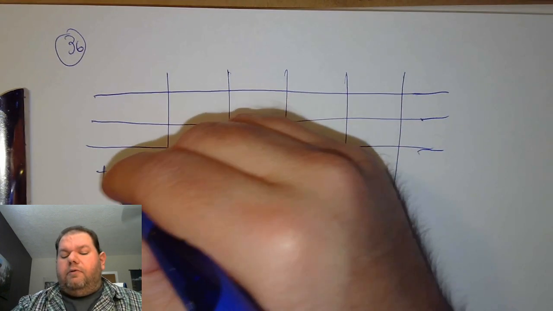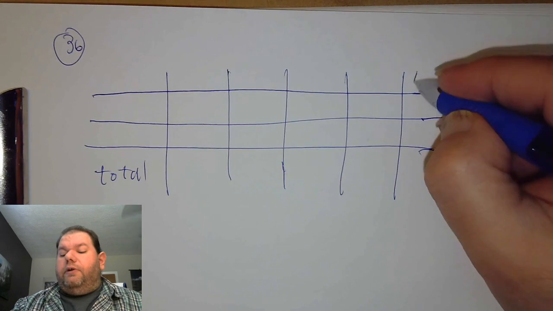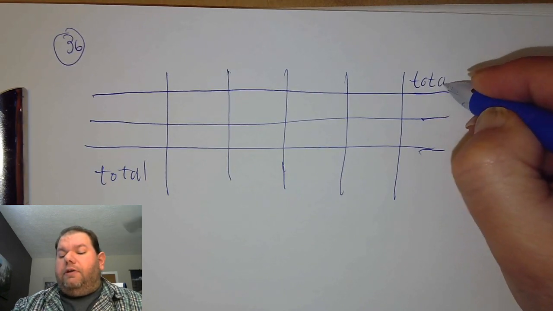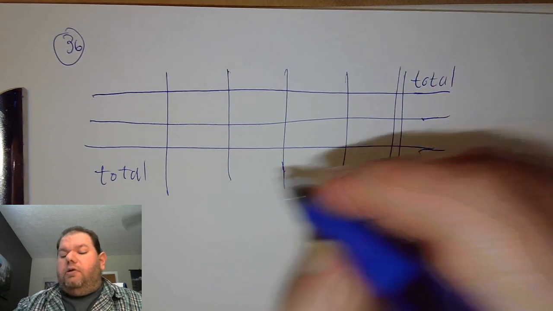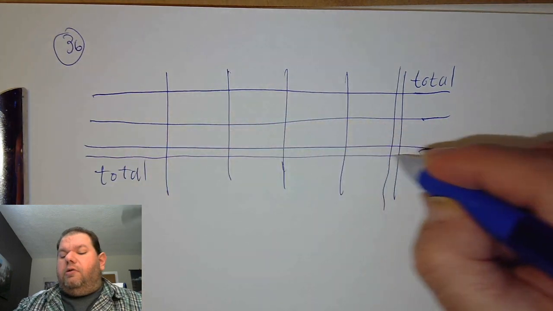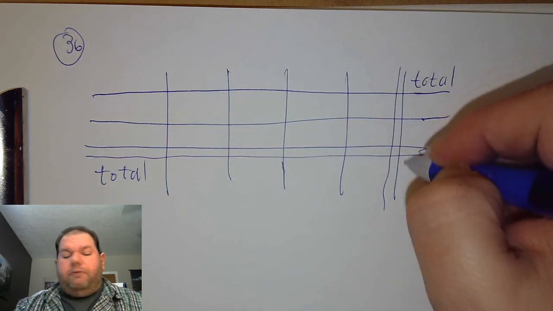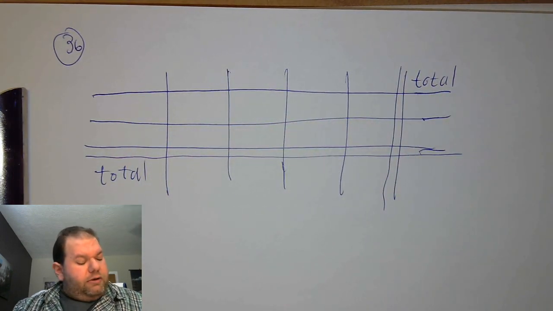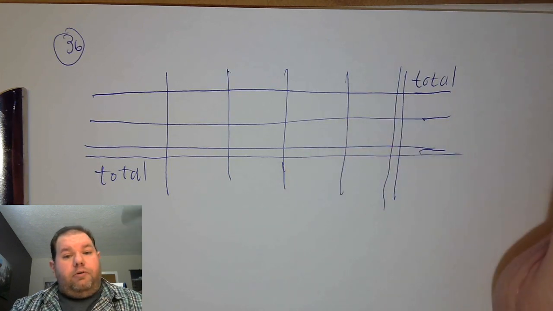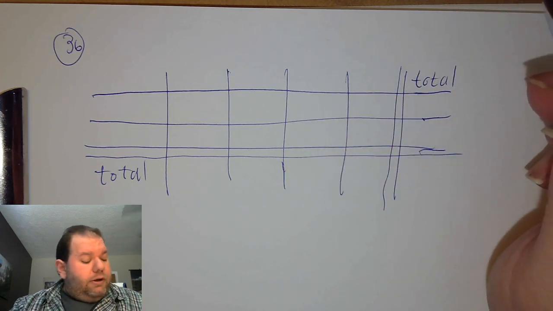Close enough. We have rows and columns for total at the end. Which I usually draw with a double line myself. It generally is going to be in bold print if you look in the textbook.